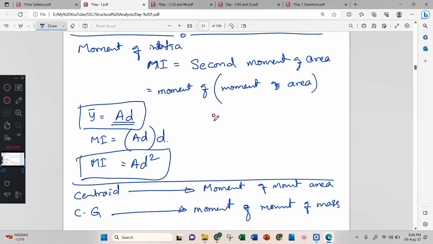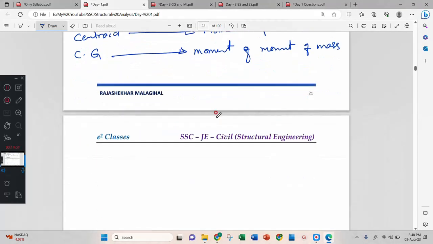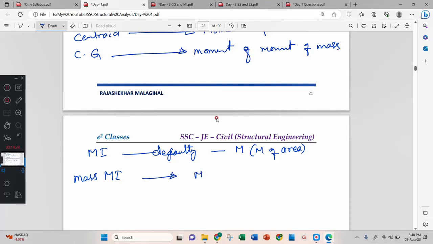Therefore in general, later, if I say moment of inertia, by default it is moment of area. But if I want to express mass moment of inertia, I will particularly call it mass moment of inertia. Mass moment of inertia means moment of mass.